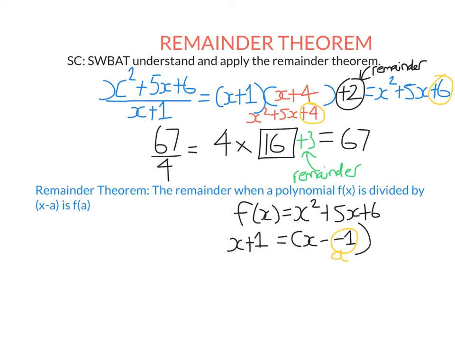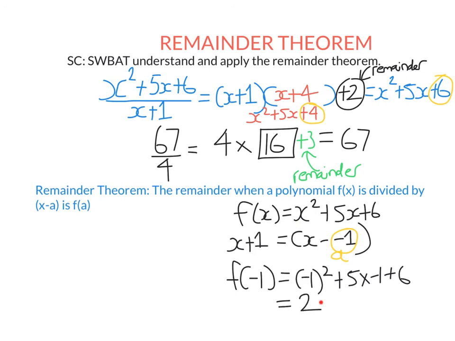So if I substitute in x for minus 1, remember substituting a negative, you must use brackets, I will get this. And that answer is just 2. Notice this is the same as I got up here. So the remainder when I divide this by this is 2, because when I substituted this value here for x, I got 2. That's all there is to the remainder theorem.